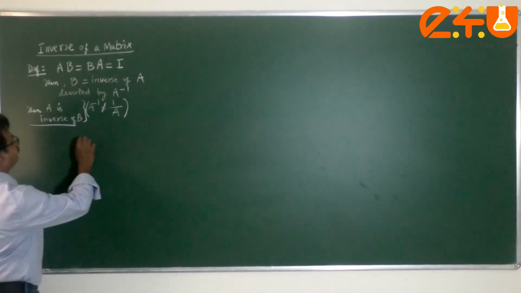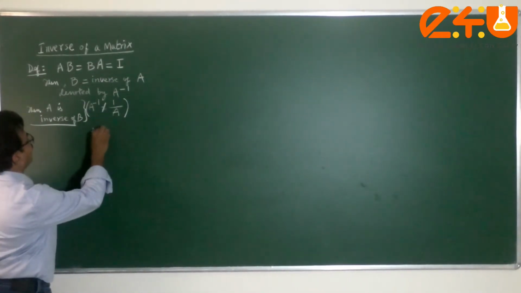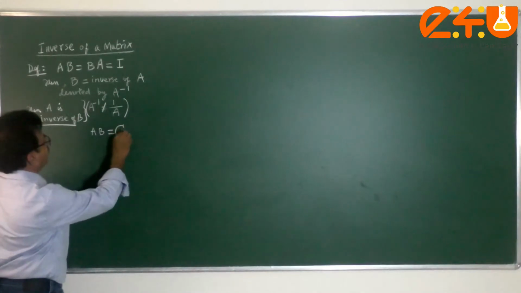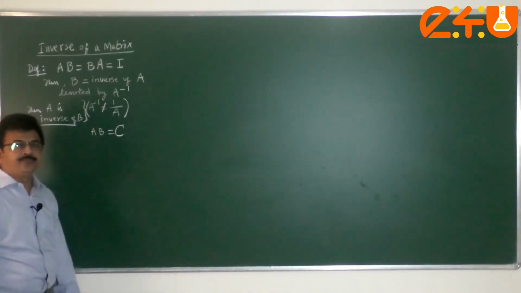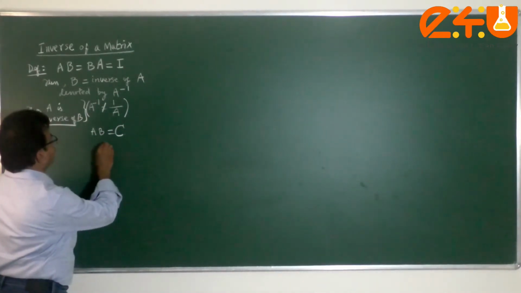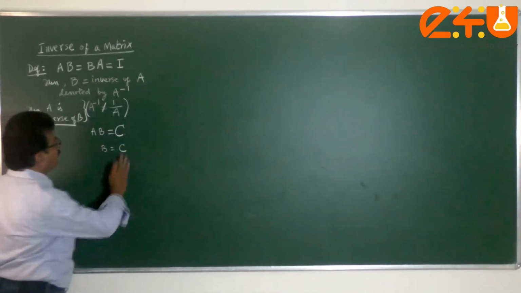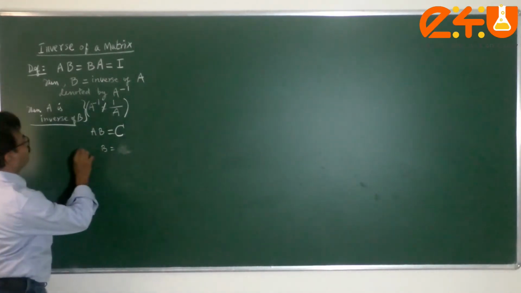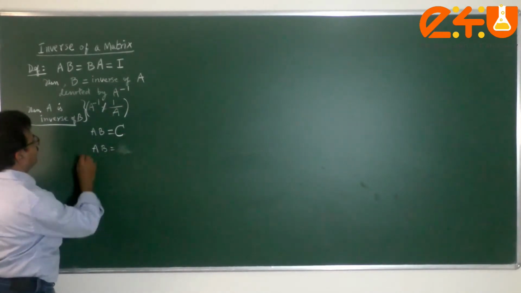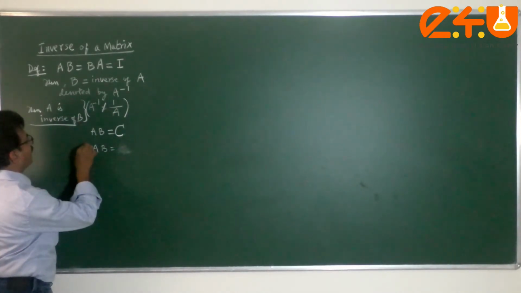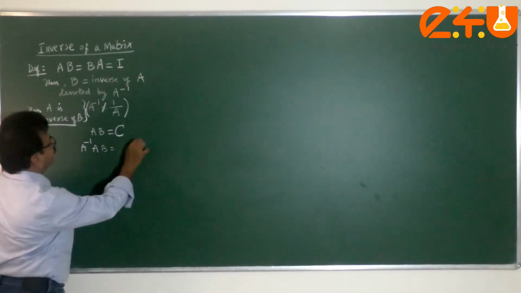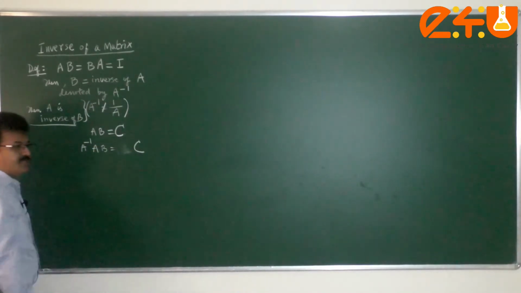For example, AB equals a matrix C. I want to find out what is B matrix. AB is C. Let me pre-multiply by the matrix A inverse.